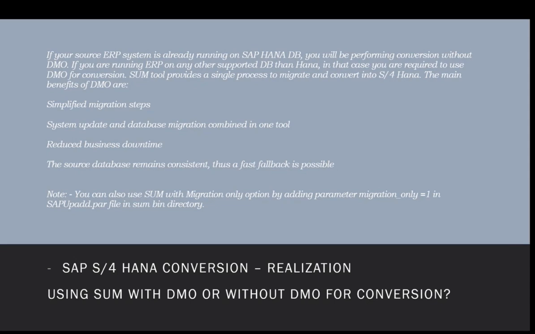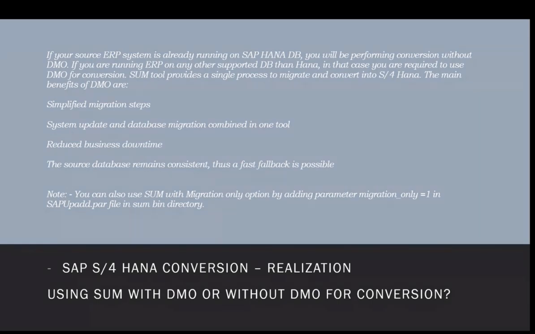After that, the tool will be completed and SAP services will be up and running. Then we will perform our post-migration activities, and the functional team will perform their post-migration activities. All the teams will log into the system and do their post activities. And only after that will we release the system to the customer.